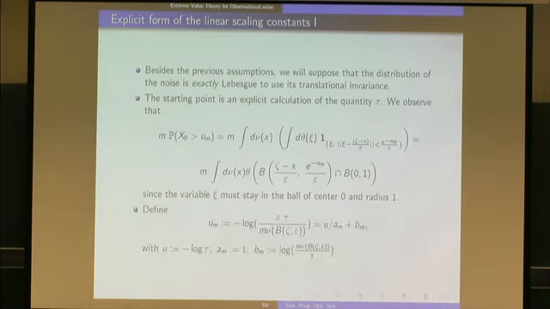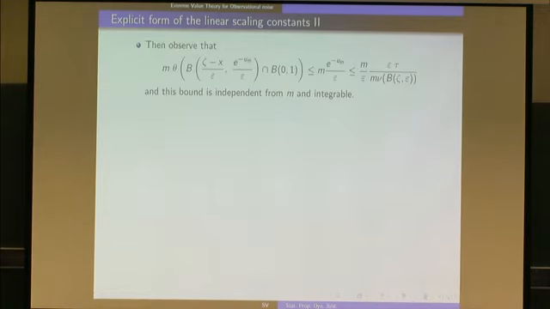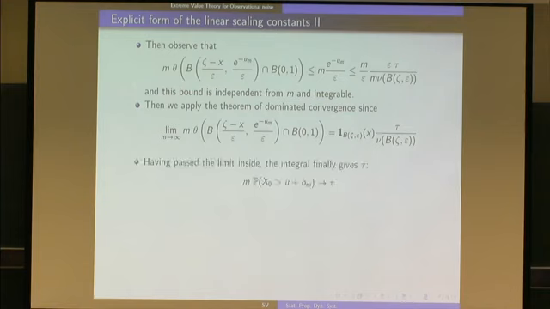So if you define this quantity linearly with respect to the parameter u in this way, and you define the parameter in this way, just a rewriting of this formula, you apply the dominated convergence theorem, Fubini, whatever you want, and at the end you get this result. So with this kind of scaling, you get the Gumbel law.